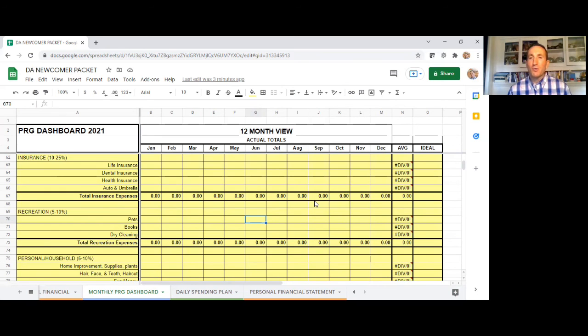So it doesn't matter where you are in your numbers, whether you already are doing your spending plan, but you don't have a monthly view, or you are at the very beginning, never done any of this before. Start where you are. Step out in faith. Have faith that by doing these tools, taking these steps, making the calls, setting up the PRGs for yourself, calling and finding a sponsor in this program, whatever those steps are, stepping out in faith.